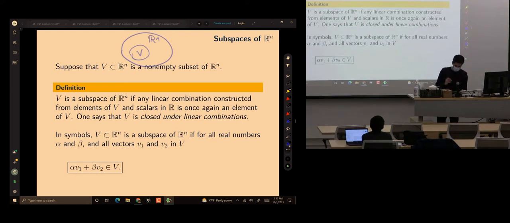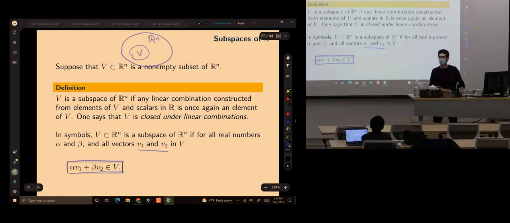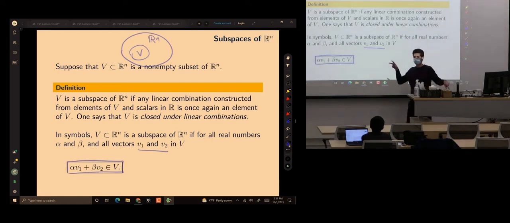Non-empty, of course. Then a subspace was even more special than a subset, in the sense that if you choose any two vectors v1 and v2 and get their linear combination, you remain in that set. Pick a subset, pick two arbitrary vectors from that subset, calculate their linear combinations. If it still belongs to that subset, then your subset is a subspace.